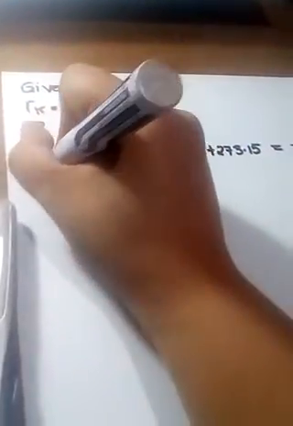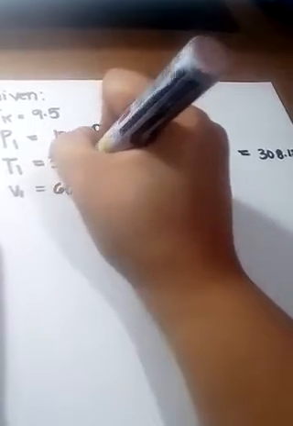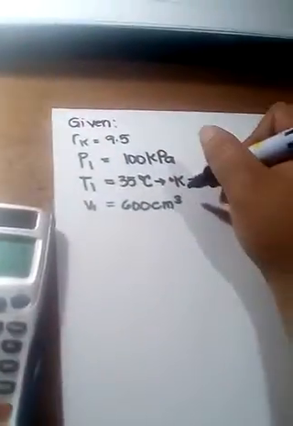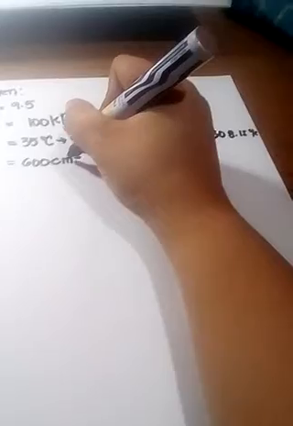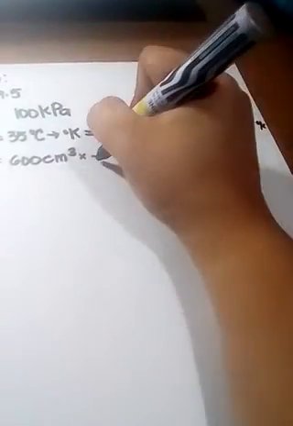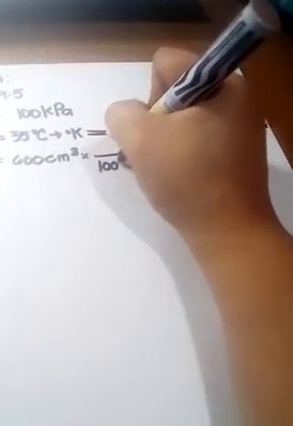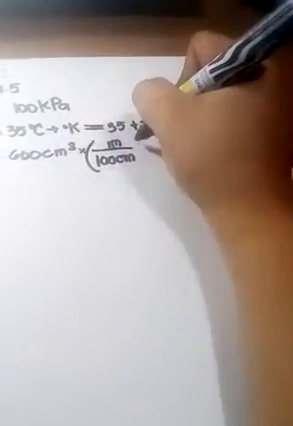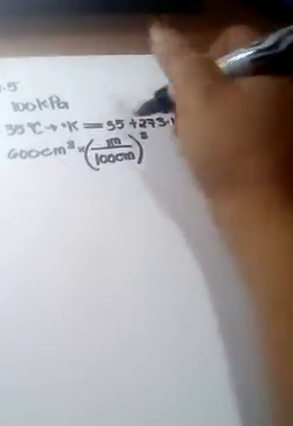Another given is the initial volume, which is 600 cubic centimeter. We need to convert this into cubic meter, wherein in 100 centimeter there is 1 meter, so we raise it to 3.